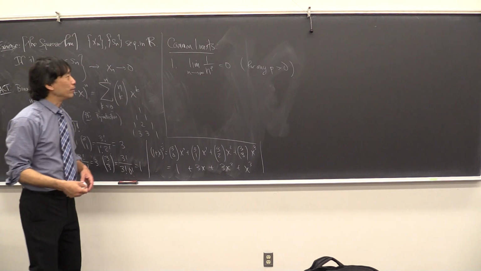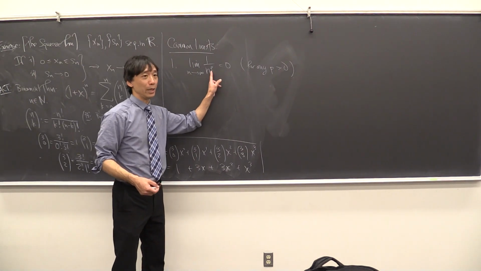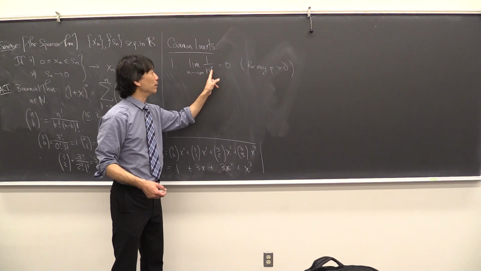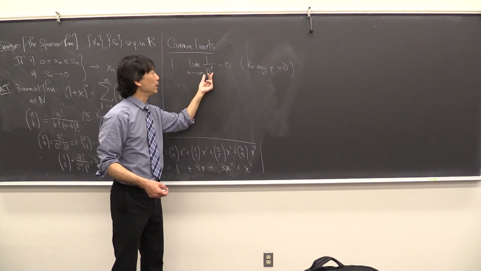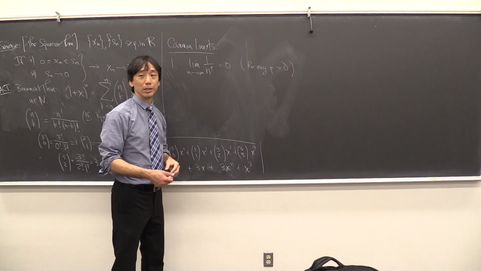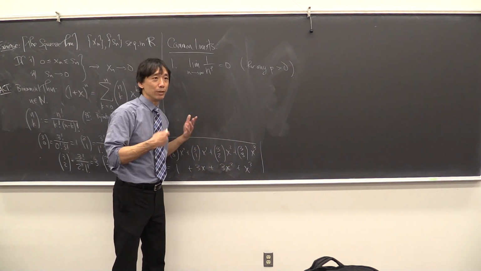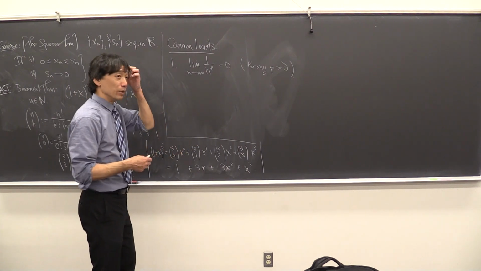So you've got 1 over n to the p. You know, p could be some tiny number, but no matter how tiny a positive number it is, you know, 0.00001, as n gets big, this denominator is going to go to infinity. So that sort of makes intuitive sense to you, but let's prove it.